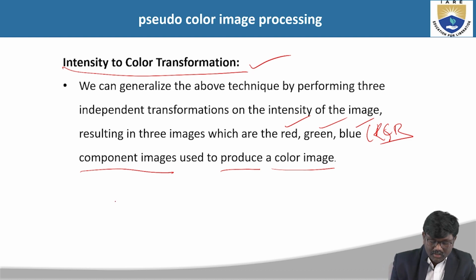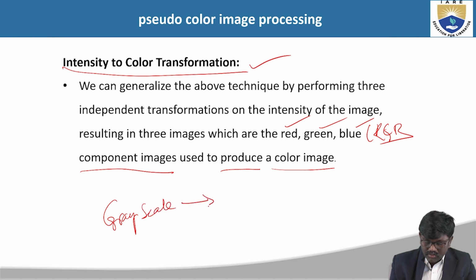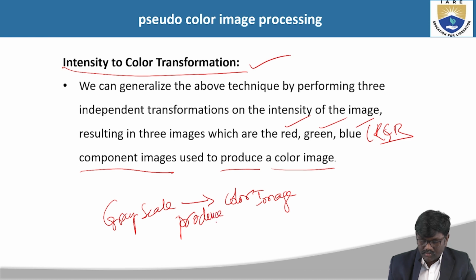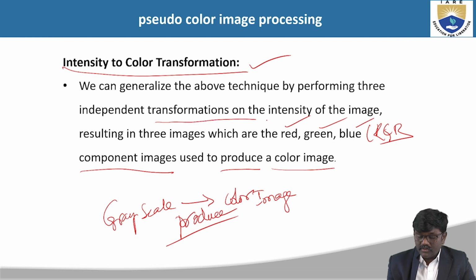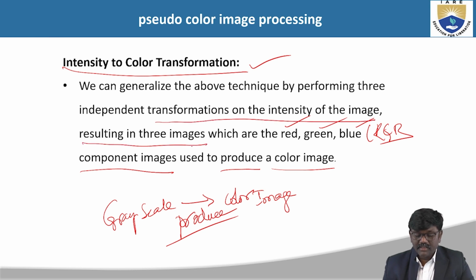So that is your grayscale to color image. How are they produced? Understand? Transformation on the intensity of the image results in three images, the red, green, blue component images, to produce your required color.